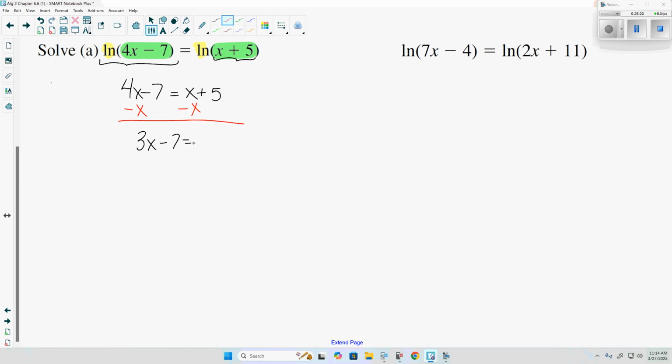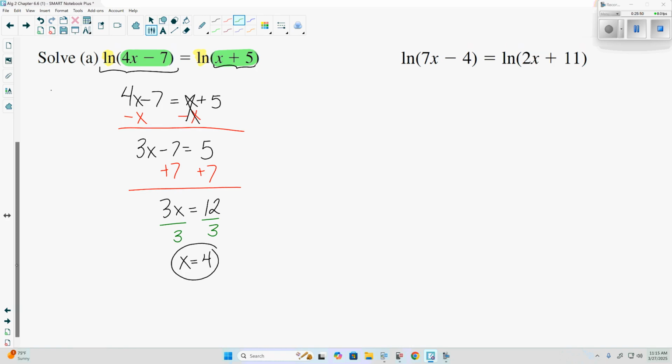And we still have our minus 7. Equal to x minus x is 0, leaving us with our 5. We can add 7 to both sides, telling us 3x is equal to 12. And last but not least, we would divide by 3, telling us x is equal to 4.